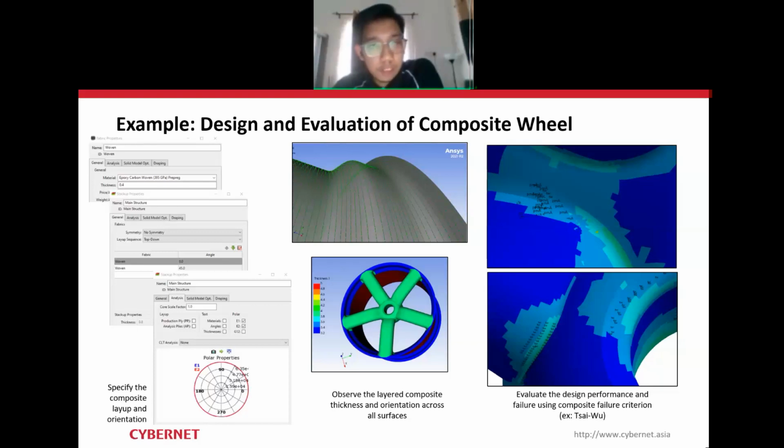After we finish designing our composite wheels, we can transfer it to the static structural analysis, where we can evaluate the structural performance and the composite failure. So we can observe the regions of high stresses, which in this case were found at the hub region and also the leading edge of the spokes region.